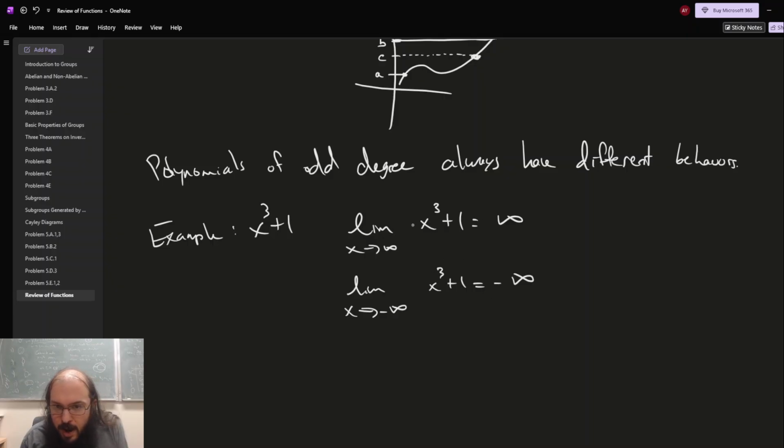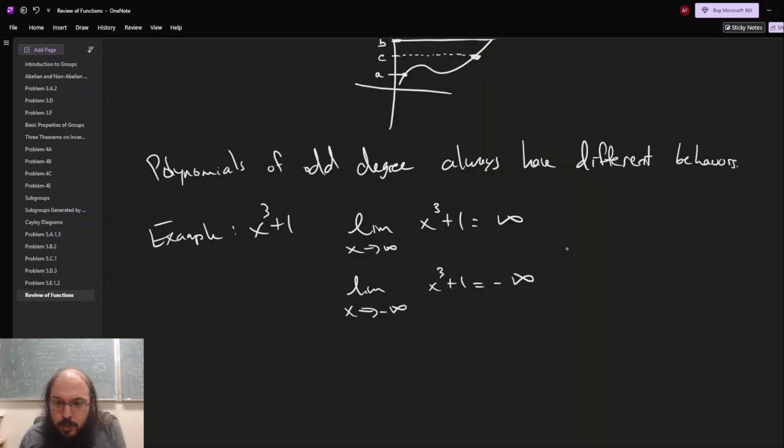It could be the other way around if there was a negative coefficient in front of these guys, but this is positive, and so when I plug in essentially a big number, you pretend it's like a billion or something, this is some even huger positive number going to infinity. If you plug in some huge negative number, similarly, some huge negative number comes out, even huger. And so as such, by applying the intermediate value theorem, I can see that it has to be surjective.